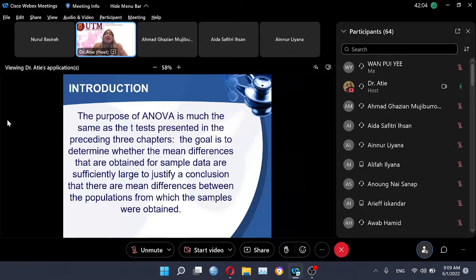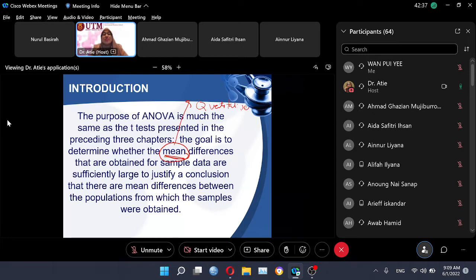So the purpose of ANOVA is much the same as the t-test presented in the preceding three chapters: one sample, independent, and also dependent. The goal is to determine whether there is a mean difference. When I say mean, it means the data that we need to compare is quantitative, because only quantitative data, or data with numbers, we can calculate the mean.